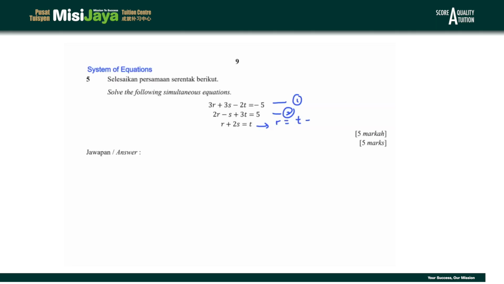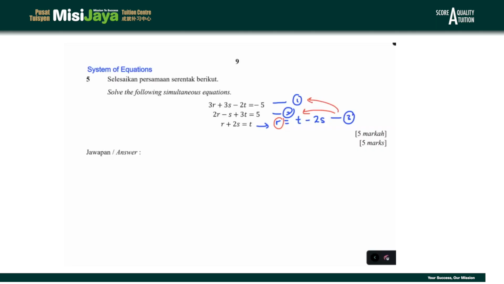So it becomes R equals T minus 2S. This one, I take it as equation 3. Now, since I have R as a subject here, I can eliminate the R in 1 and 2. So I'm going to substitute equation 3 into 2 and equation 3 into 1. And then I eliminated R.